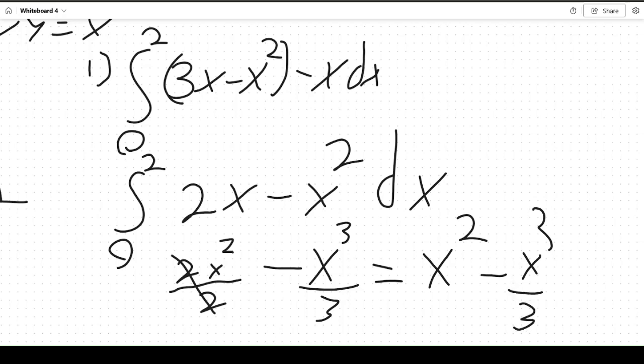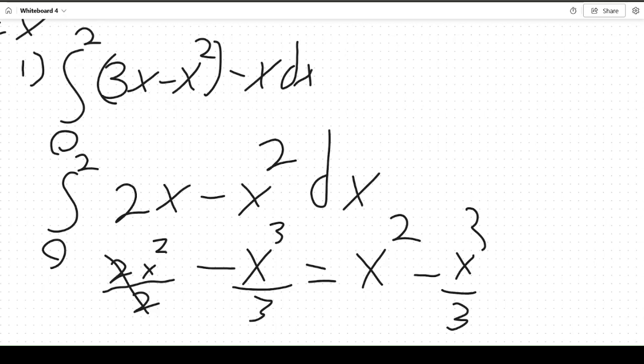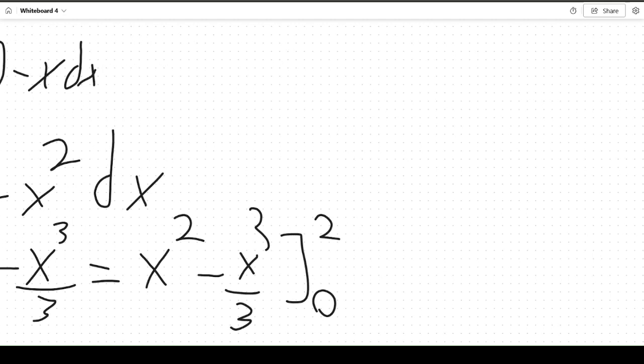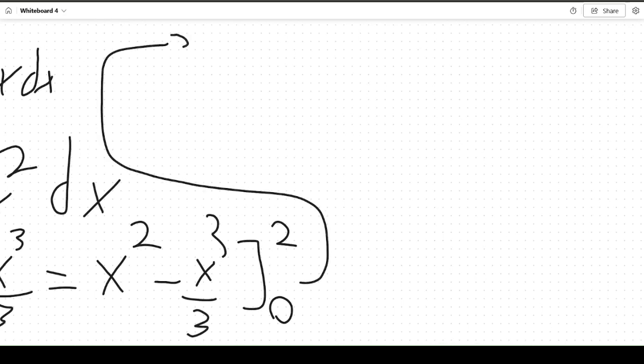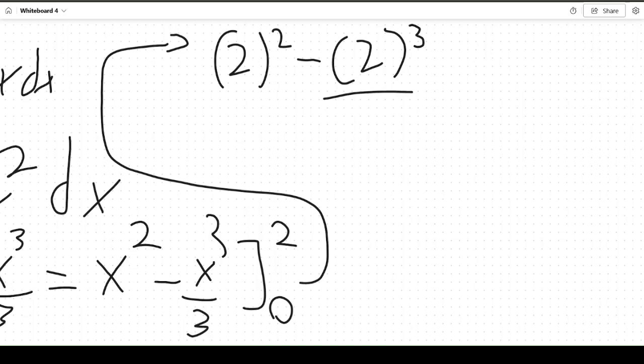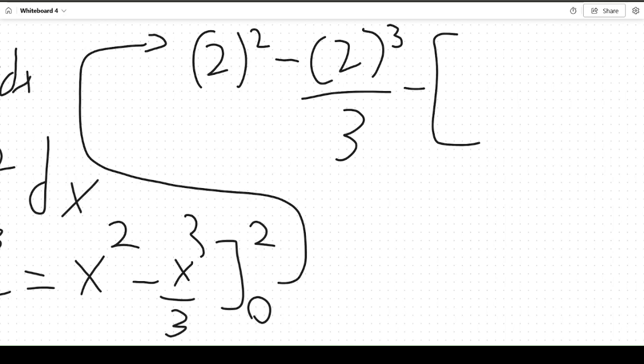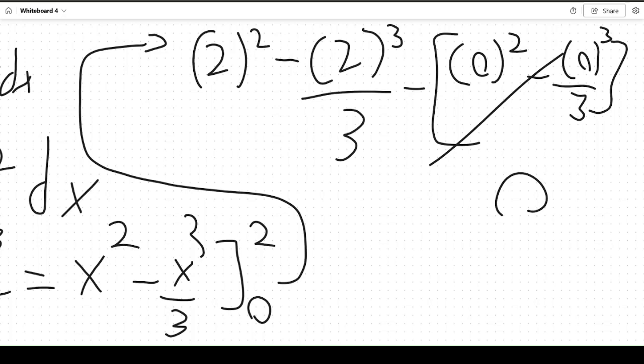We're not finished yet though. We gotta plug in the two values. So 2 first. Now plug in 0. This will cancel out to be 0.